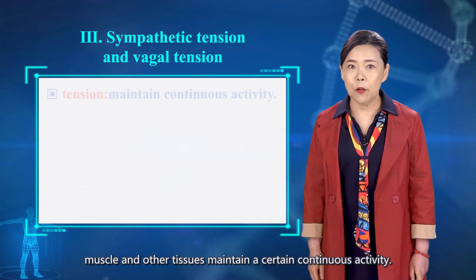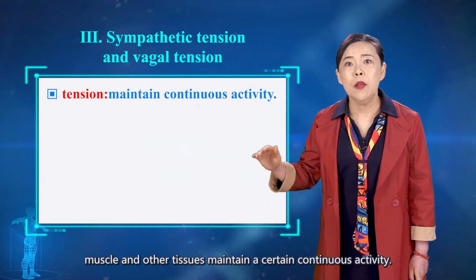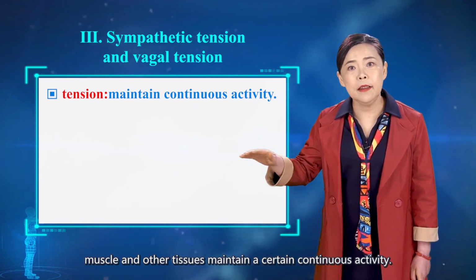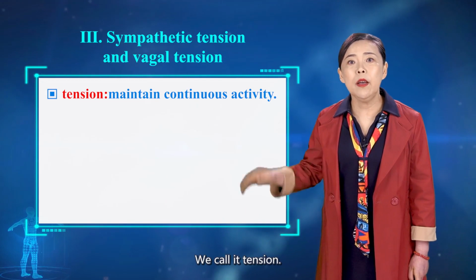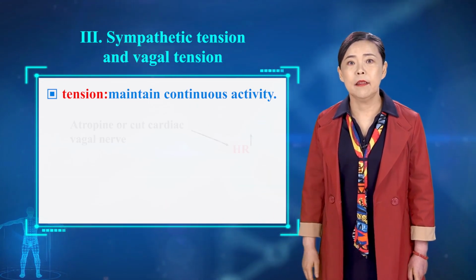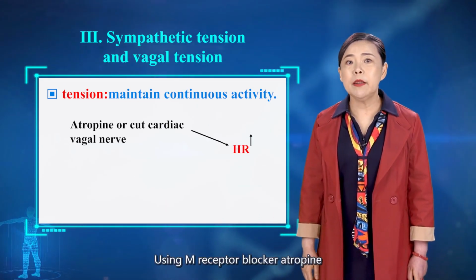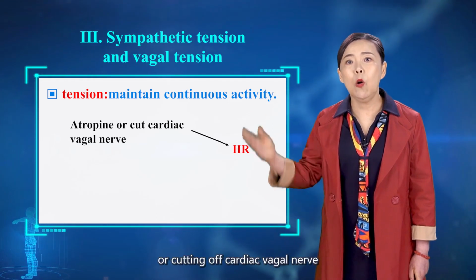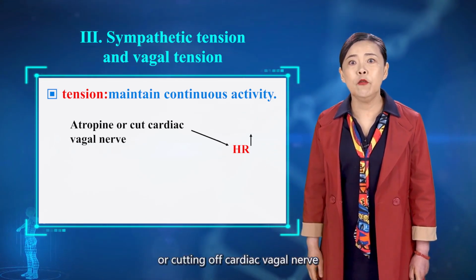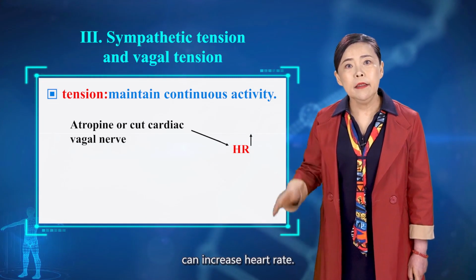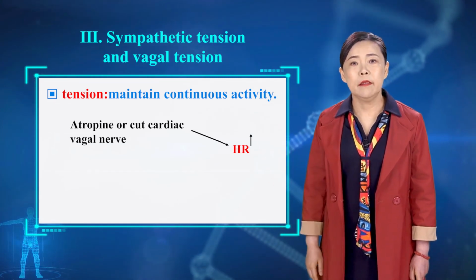Nerve, muscle, and other tissue maintain a certain continuous activity, which we call tone. Using the M receptor blocker atropine or cutting off the cardiac vagus nerve can increase heart rate.